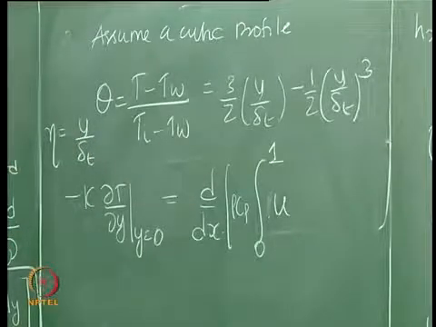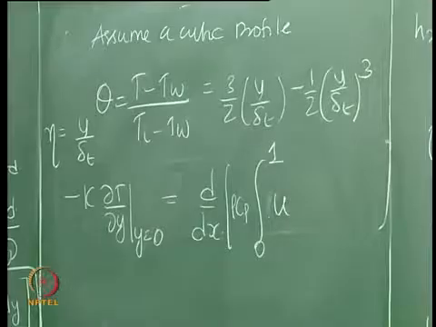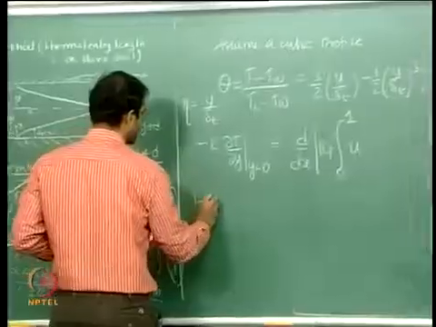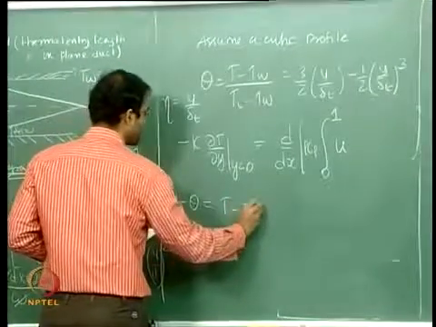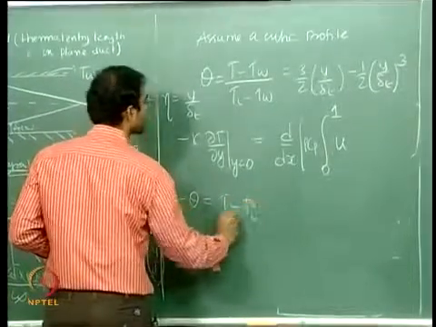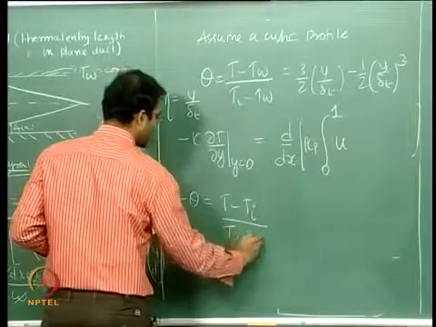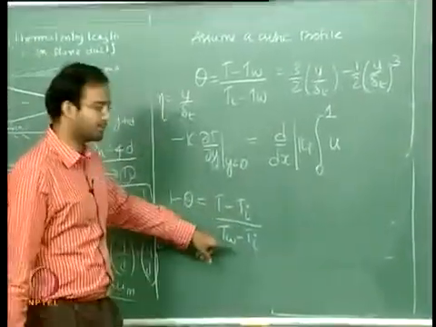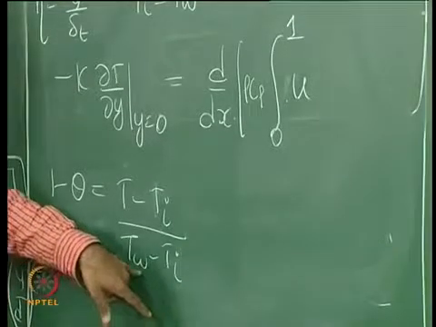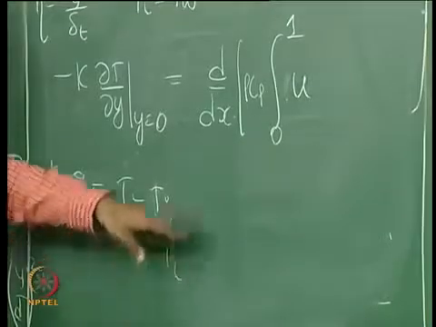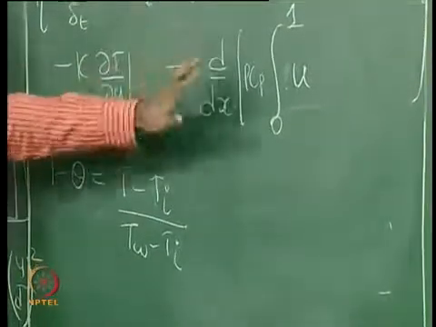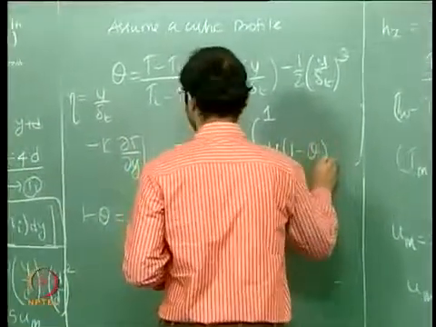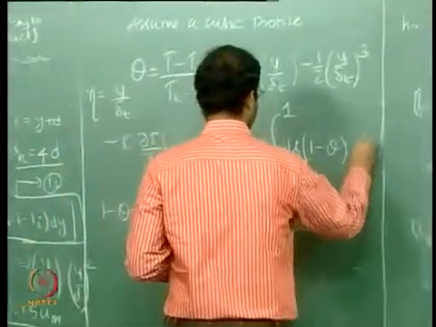How do I express T minus Ti in terms of theta? 1 minus theta will be (T minus Ti) by (T wall minus Ti). T wall minus Ti is constant because my wall temperature is constant and the inlet temperature is constant, so I can introduce T wall minus Ti and on both sides it will get cancelled. So this can be written as u into (1 minus theta) into dy.